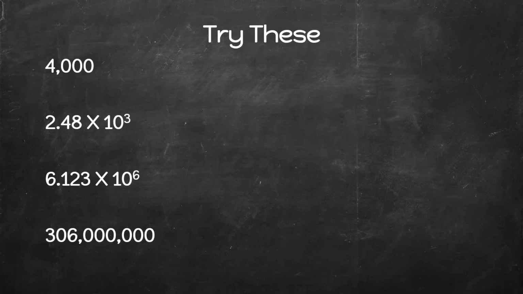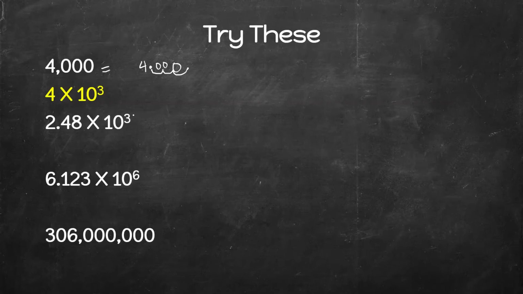Let's start with 4,000. 4,000, we have to write it in scientific notation. So, lagay ko dito 4,000. Ito yung decimal niya. 1, 2, 3. Dito tayo mag-stop. So, we have 4 times 10 raised to 3 kasi tatlong movement to the left. Next naman, 2.48 times 10 raised to 3.